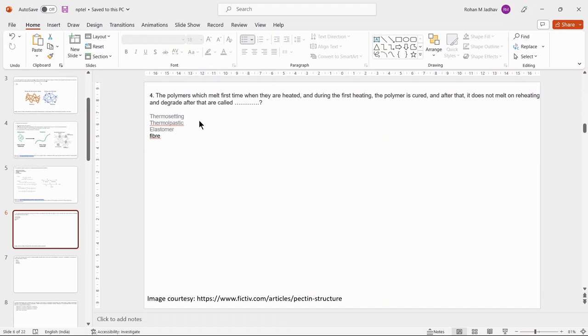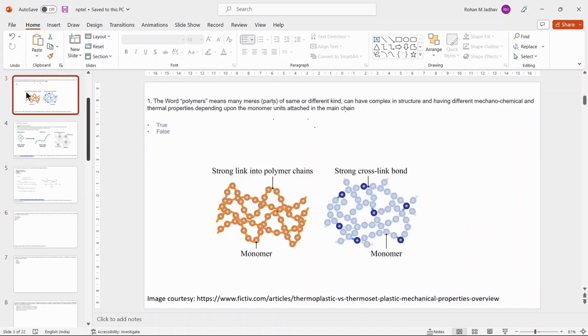This will be your thermosetting polymer because, as shown in this diagram, when thermosetting polymers are cured, they form cross-links. Because of this process, the individual polymer chains join together. This cross-linking provides rigidity to the polymer, because of which it cannot move.